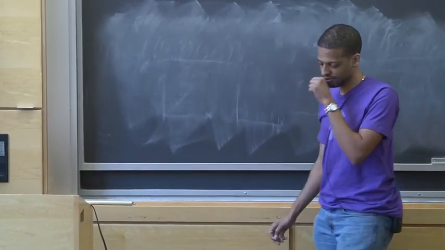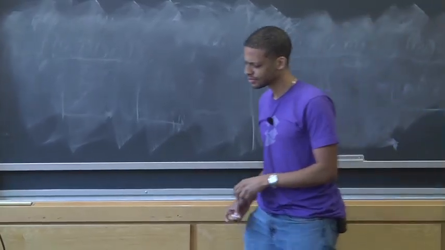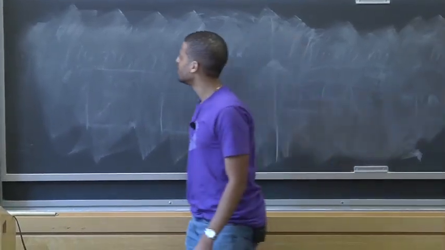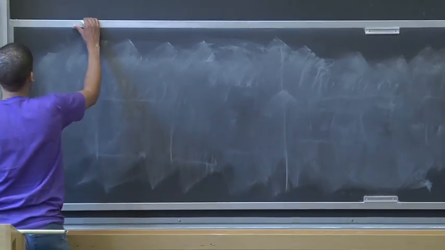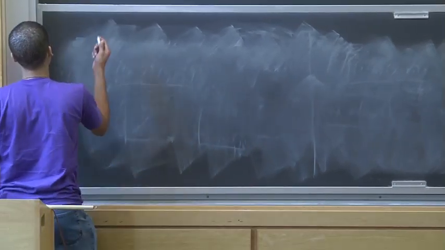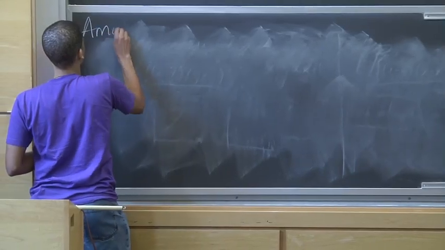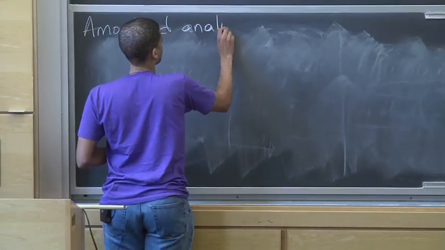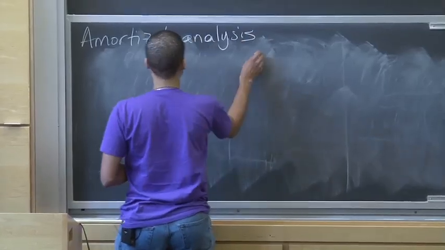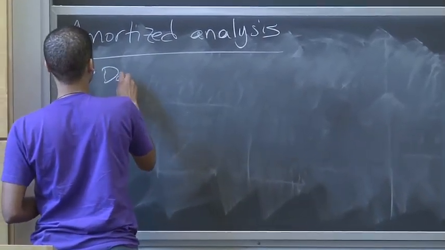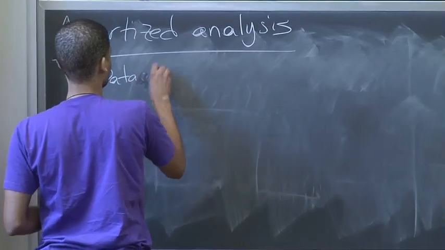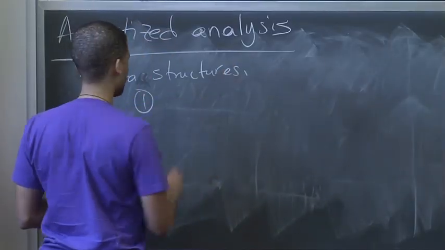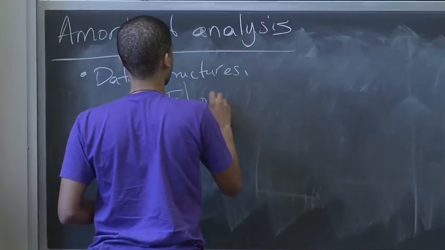Okay, so we're going to start a different topic today. We're not going to operate in word RAM anymore, at least for now. We're going to look at amortized analysis. We're going to start off with data structures, and the two we're going to look at are Fibonacci heaps.